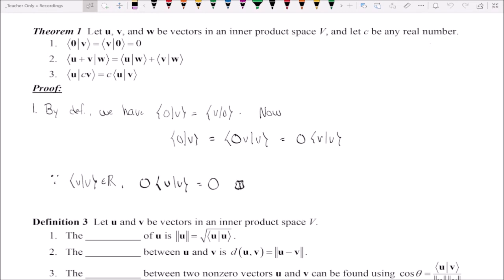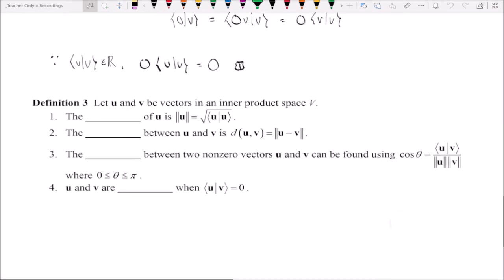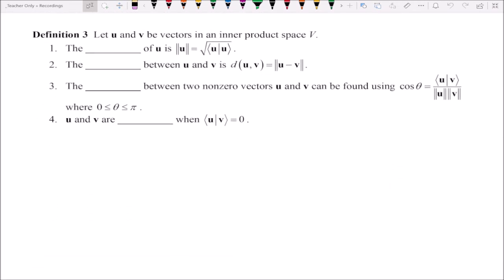We now look at some measures of inner product spaces. So we take two vectors u and v in an inner product space V. The norm of u is defined to be the square root of the inner product of u with itself. The distance between u and v is the norm of u minus v.